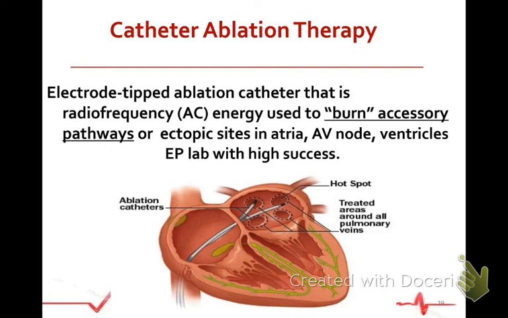They look for the sites that are causing these irregular pathways, and they will laser them. It's the same kind of procedure. They go in through the groin and go up and look for these pathways. I've seen these procedures take hours because they're trying to find these pathways.